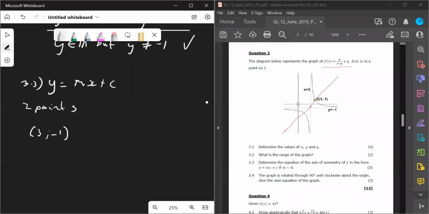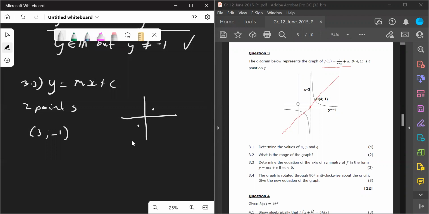I'm trying to think now. With a normal hyperbola, the axis usually passes through (1, 1). So with this one, I'm trying to remember.